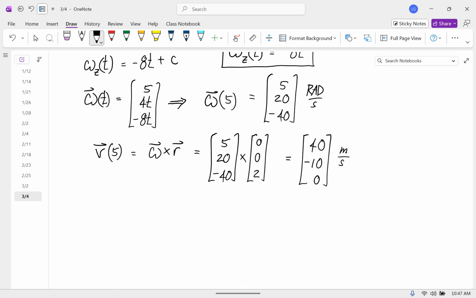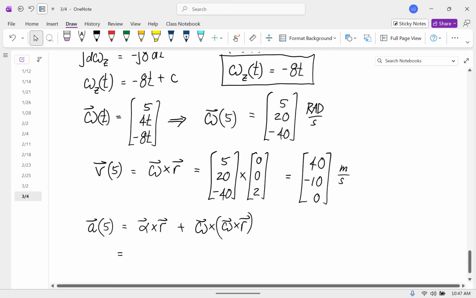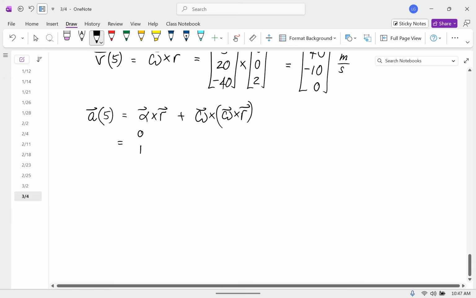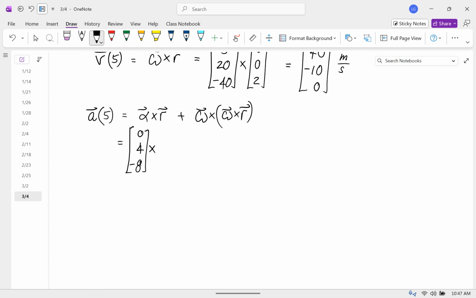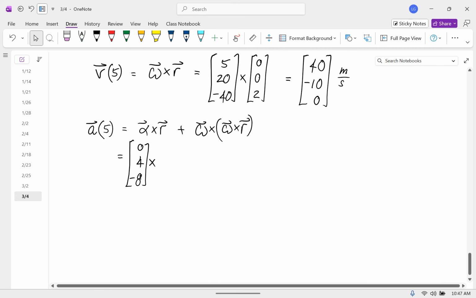And then the acceleration at time 5 is alpha cross R plus omega cross quantity omega cross R. So this is (0, 4, -8) crossed with (0, 0, 2).